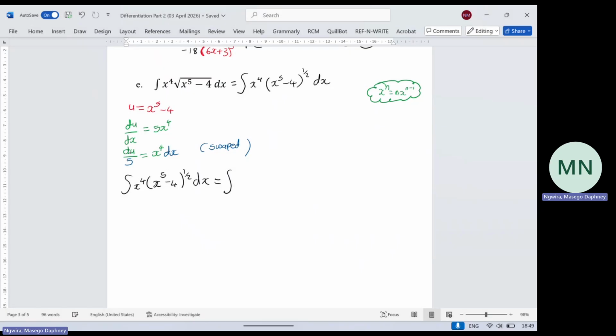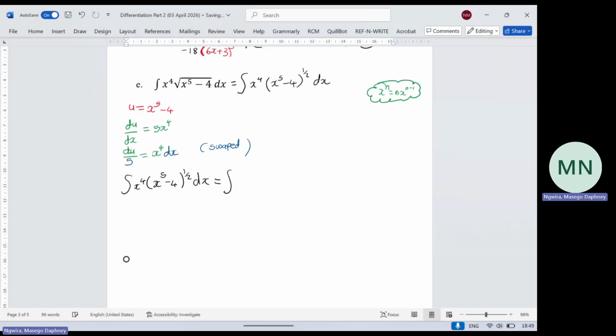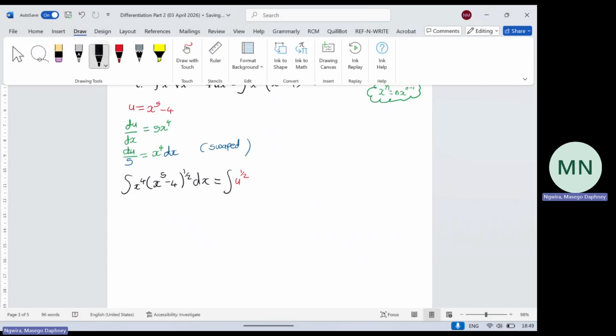I'm going to start with u first so that you can see it. So this will be the integral of u to the power of 1 over 2. And then what's left? If you check here, I am left with x to the power of 4 and dx.